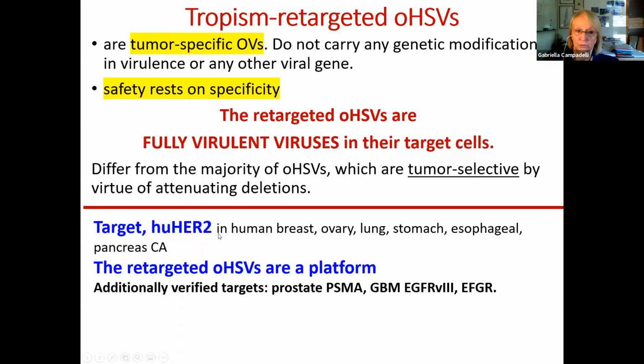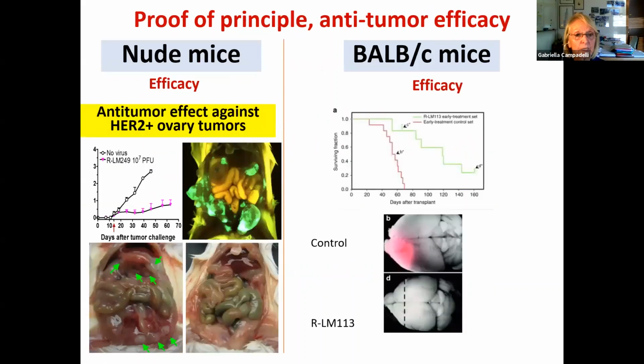The target that we have studied more is the human HER2, which is present in a number of tumors: breast, ovary, lung, stomach, pancreas. But we can actually, with the same technology, retarget to other receptors, like PSMA in prostate, EGFR present in glioblastoma, and so on. So we think that this actually is a platform.